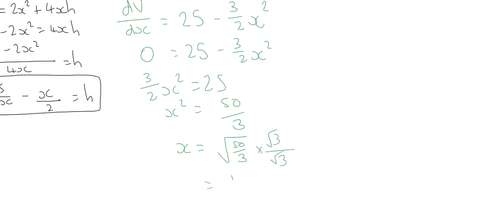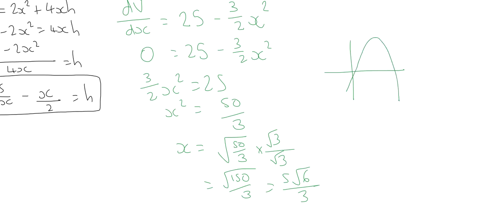So I've got root 150 over 3, which is 5 root 6 over 3. So this is now the maximum. This is the right value of x to get the maximum volume. So if I was to draw this, that would be 5 root 6 on 3. That's the x coordinate of the volume.